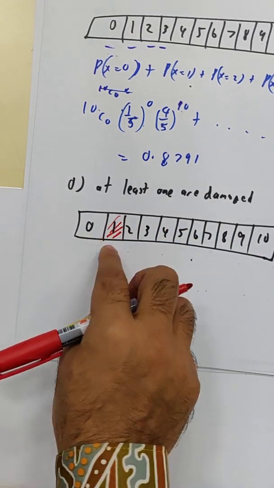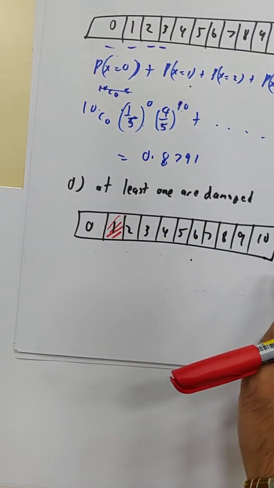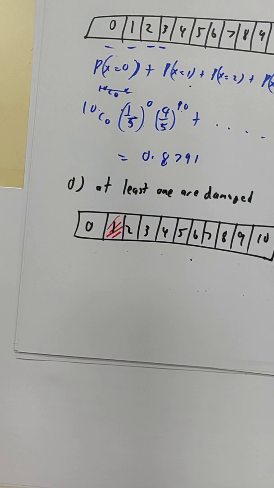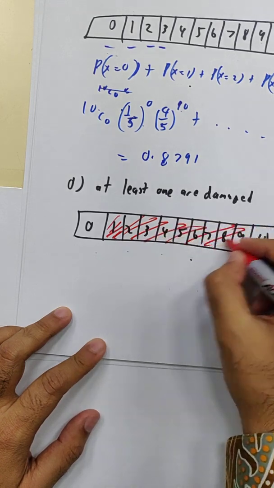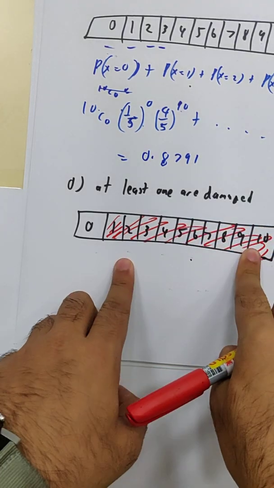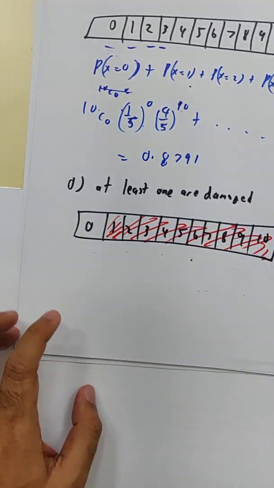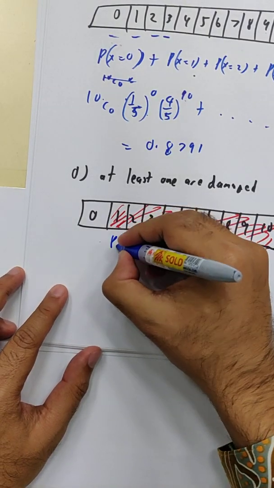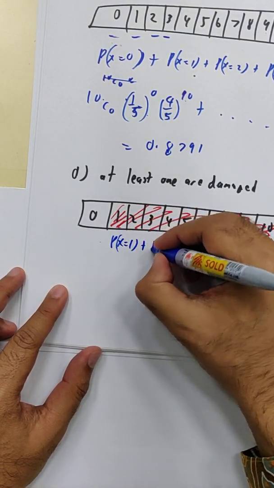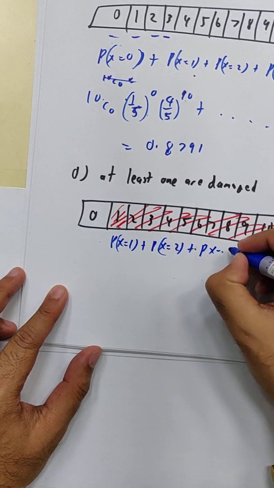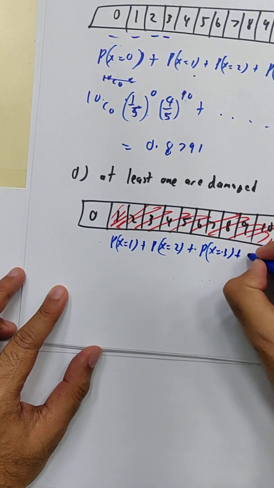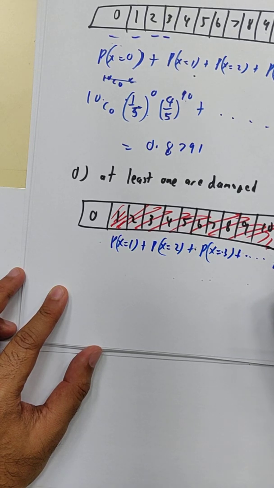Now do I go left or do I go right? I go right. When you say right, it looks like my left. So I'm going this way. Understand? If I do it this way, I have to do Px equals 1 plus Px equals 2 plus Px equals 3 plus until Px equals 10.